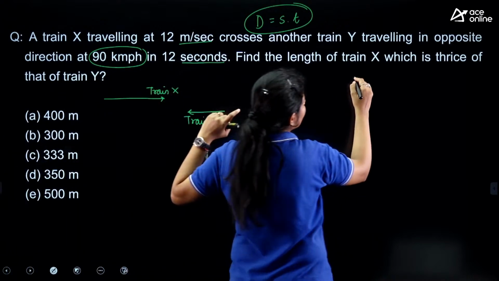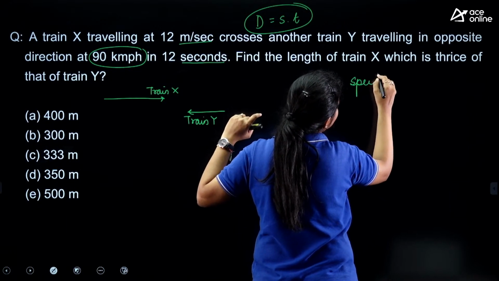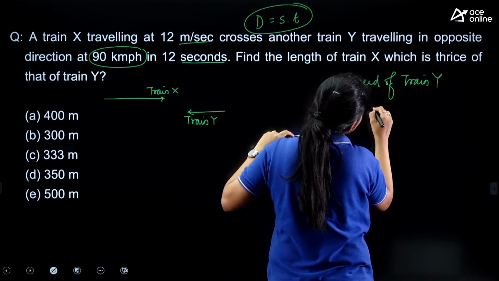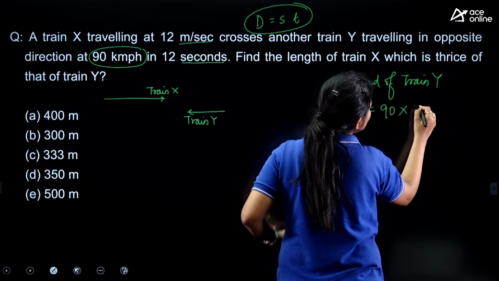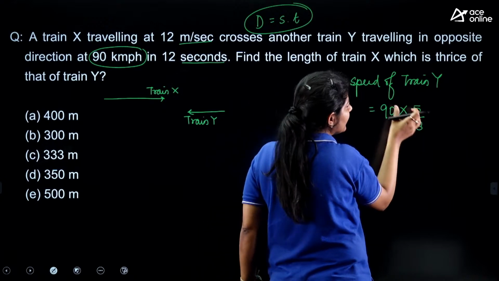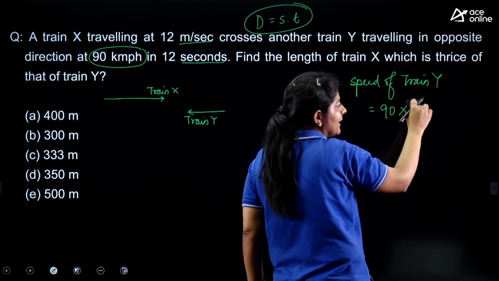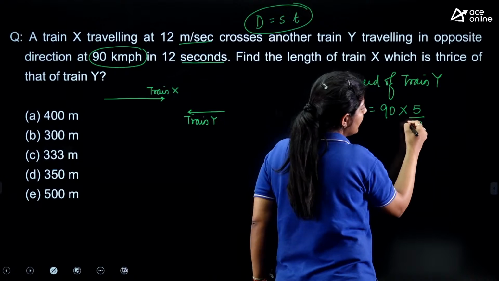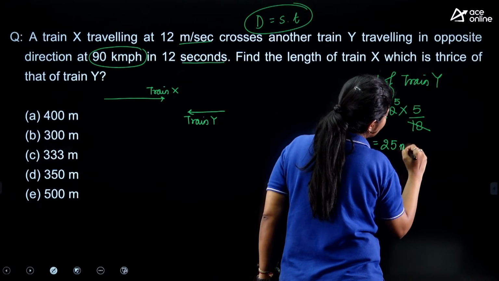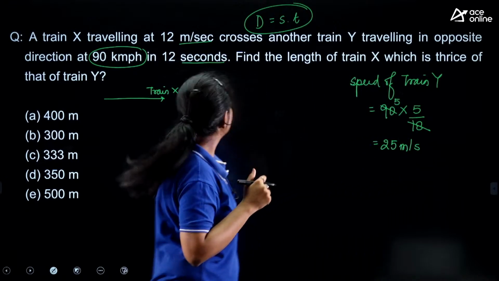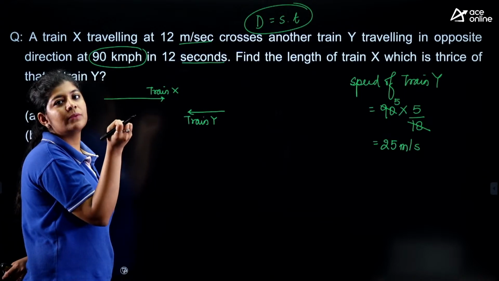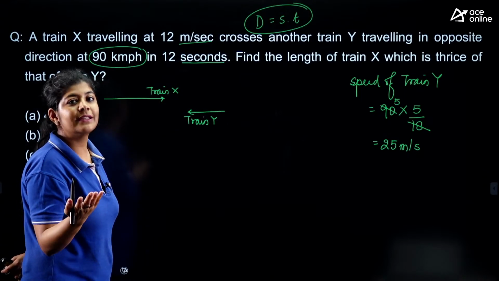So first we will convert the speed of the train. To convert this, we have to multiply by 5 by 18, because we need to make a smaller value, that's why we are multiplying by a smaller numerator. So the speed that we got is 25 meters per second. Both the trains are coming from opposite directions, which means we need to apply the relative concept.